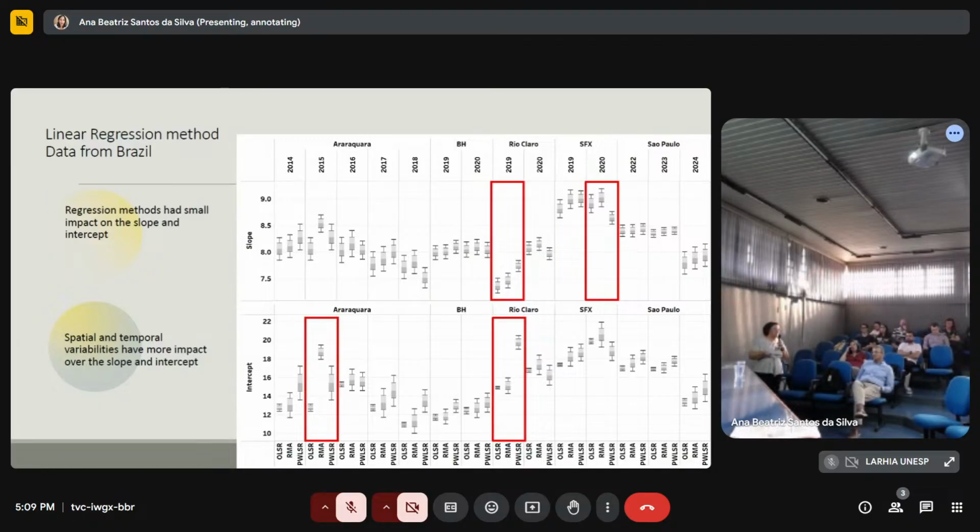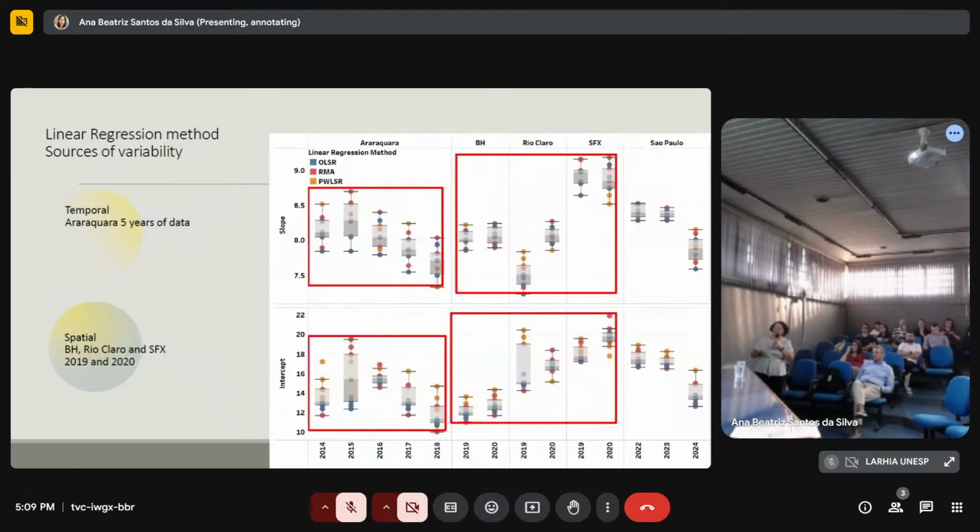So we are still investigating why. It's interesting that this was observed mostly in those cases.